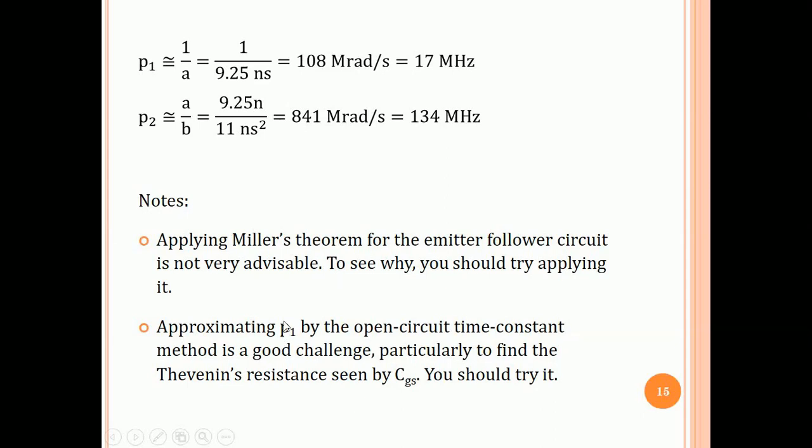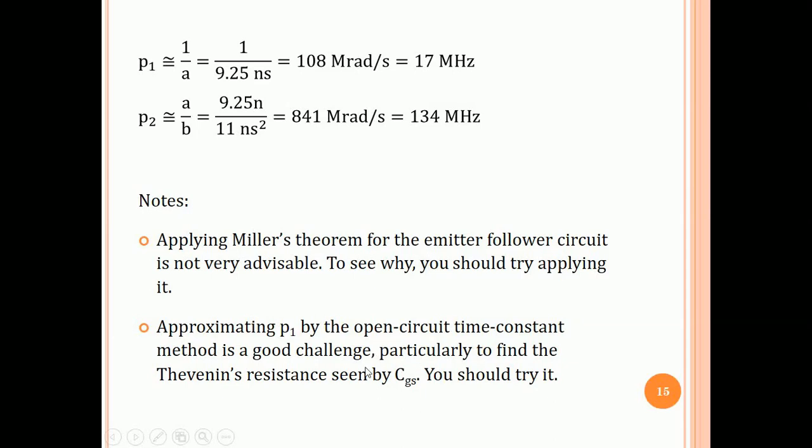Also, whether with Miller or without Miller, suppose we wanted to find the dominant pole by the open circuit time constant method. Again, this is an interesting exercise for the source follower, and I am saying you try this at home.